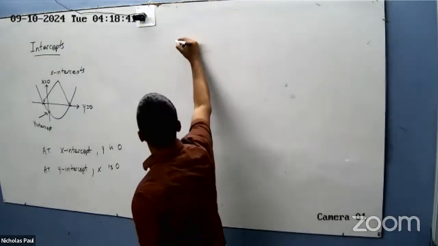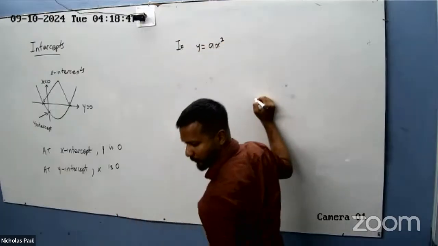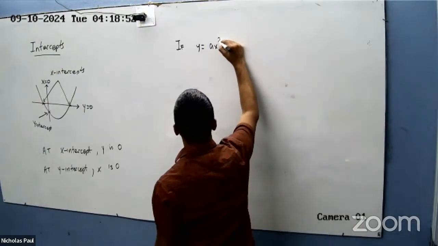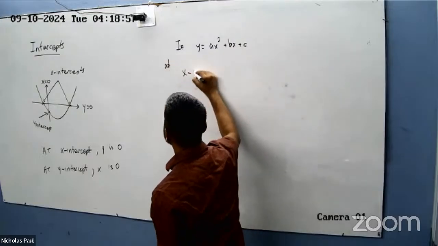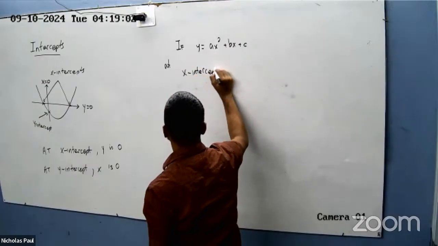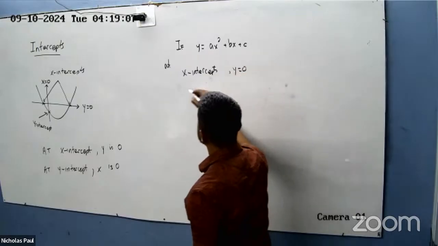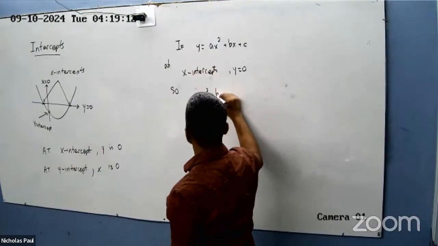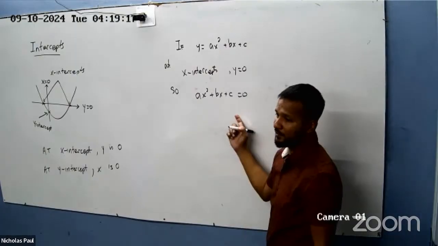So if y is equal to ax squared plus bx plus c, at the x-intercepts, y is 0. So we get ax squared plus bx plus c is equal to 0. Okay, and we have to solve this.